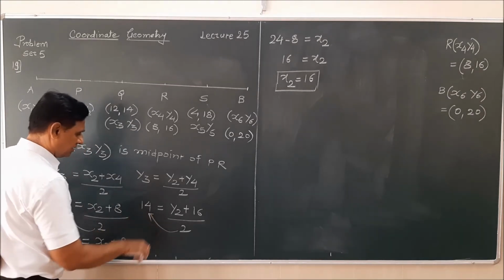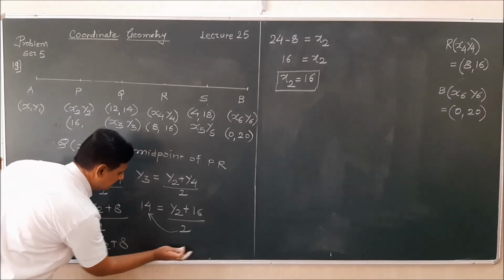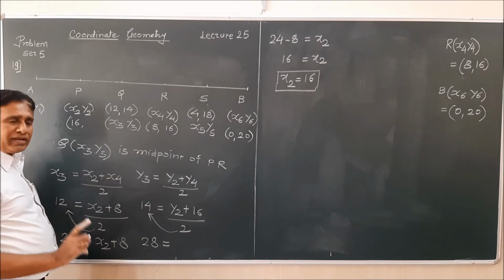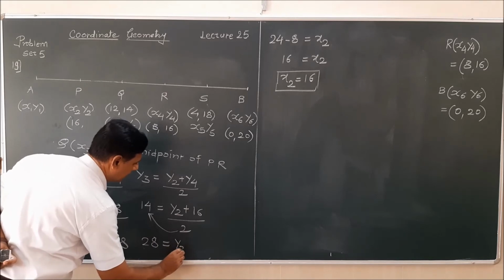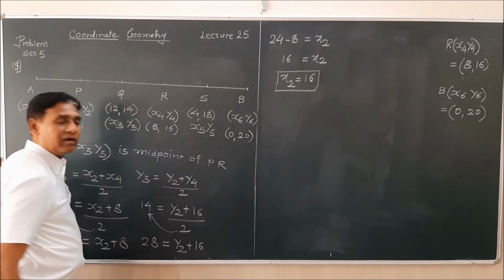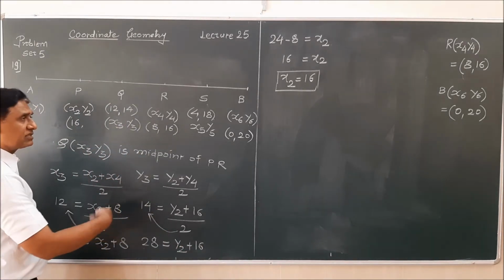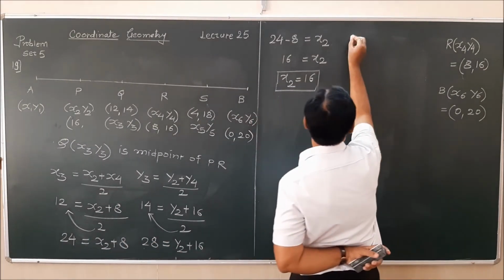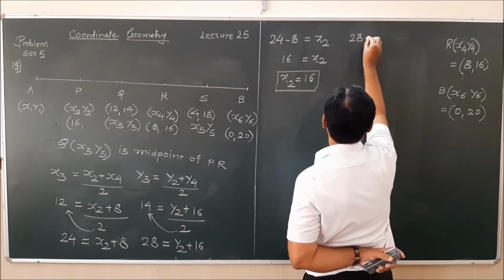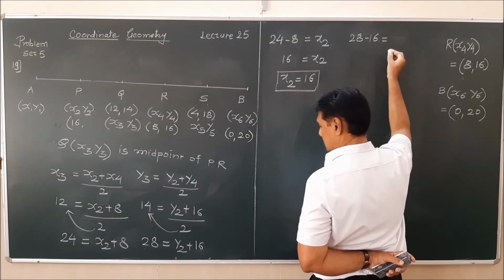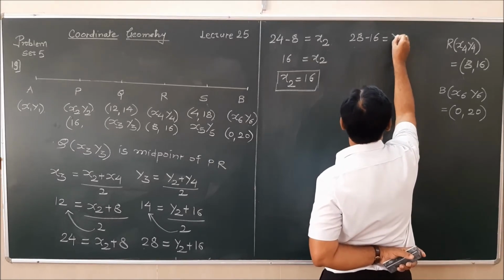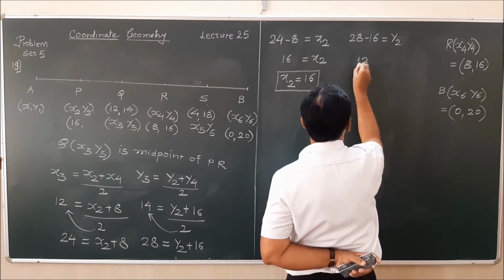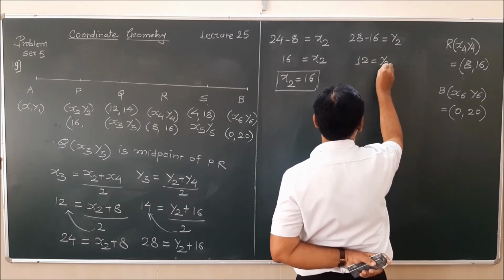Transfer this side, 28 is equal to y2 plus 16. Now transfer 16 to the left hand side. So 28 minus 16 is equal to y2. So 12 is equal to y2.